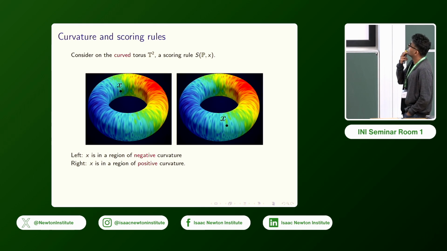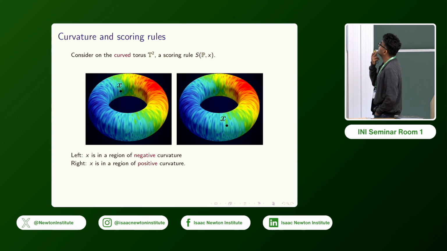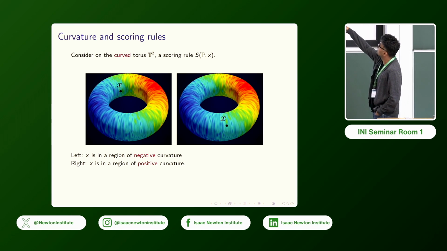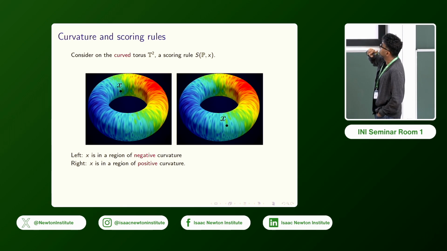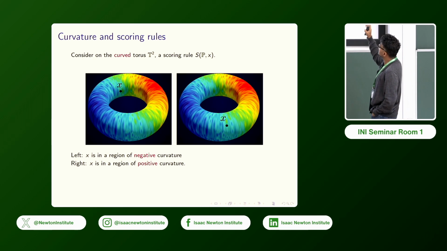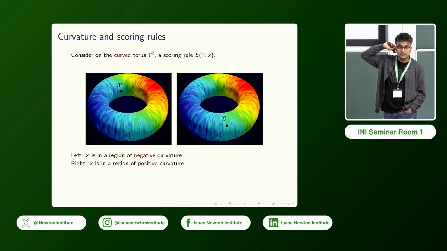So what would we want for a scoring rule on a manifold? How would we want it to behave? Here's a distribution on the curved torus, and we have a point x on the left-hand side, lying on the inner side of the torus, which is negatively curved. On the right-hand side, it's the same distribution, but the point now lies on the outer side, where it's positively curved.